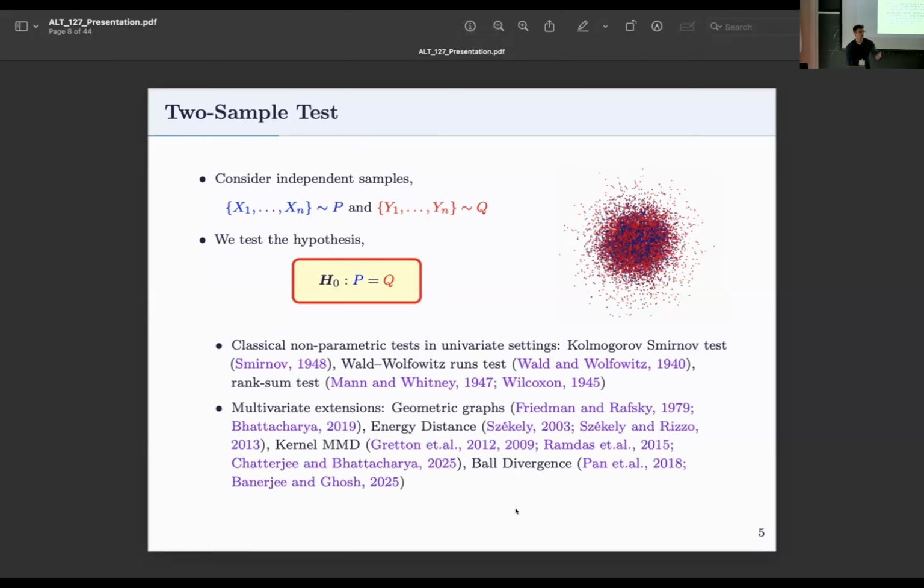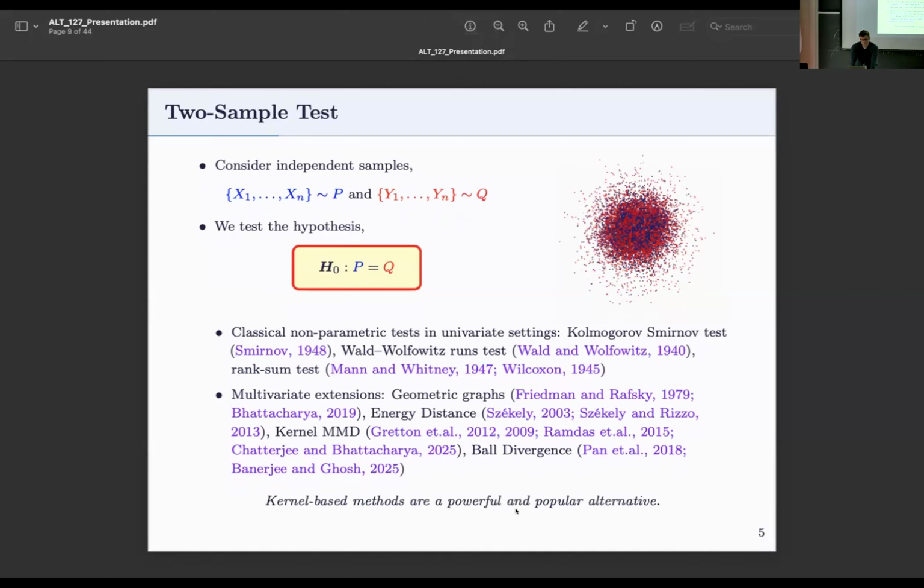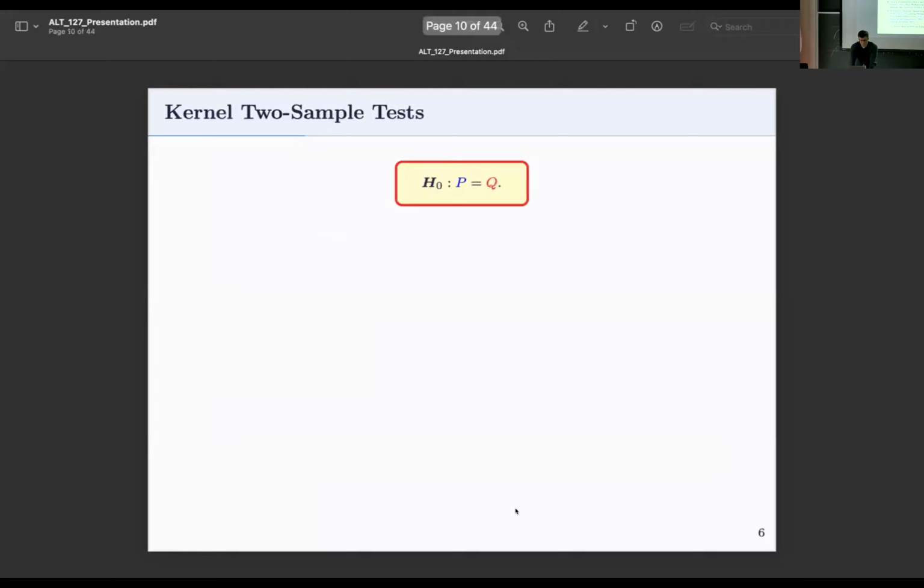We also have a number of multivariate extensions, going from geometric graphs to energy distance, ball divergences, and I could go on forever. In particular, kernel-based methods are powerful. They're very general, they can be applied to non-Euclidean settings, and hence they have become a very popular alternative. Again, we have the null hypothesis that P equals Q.